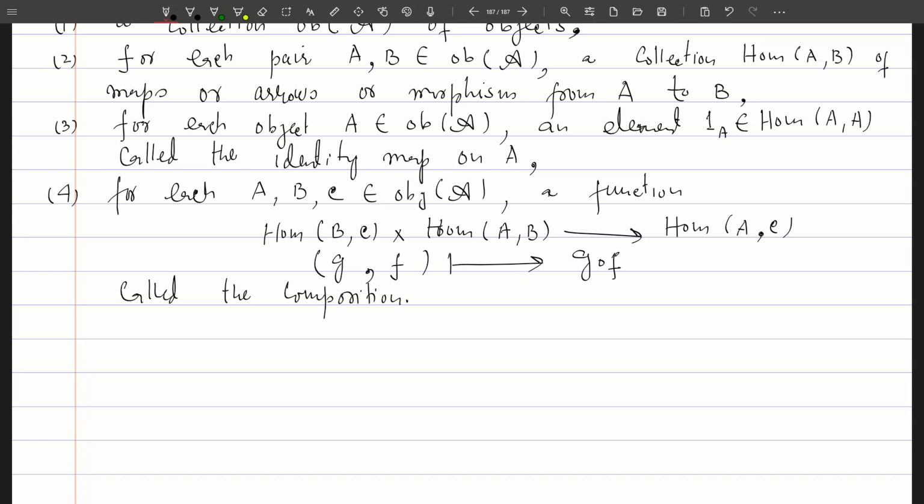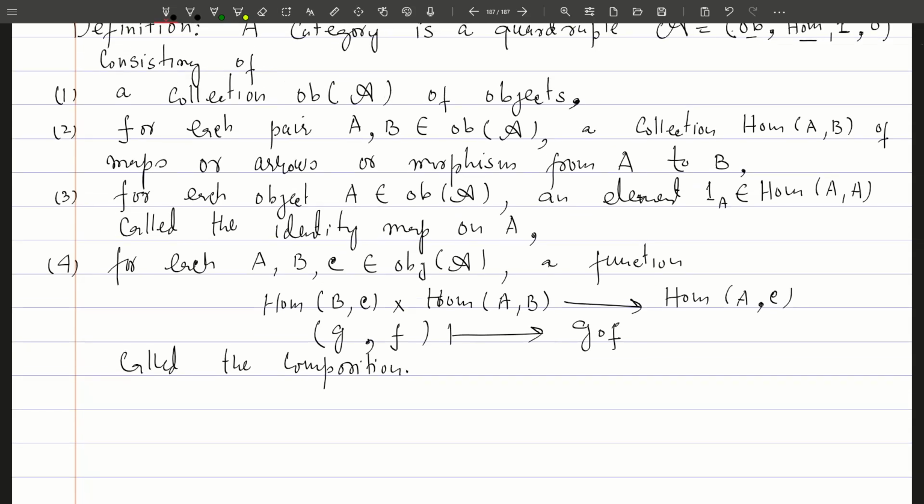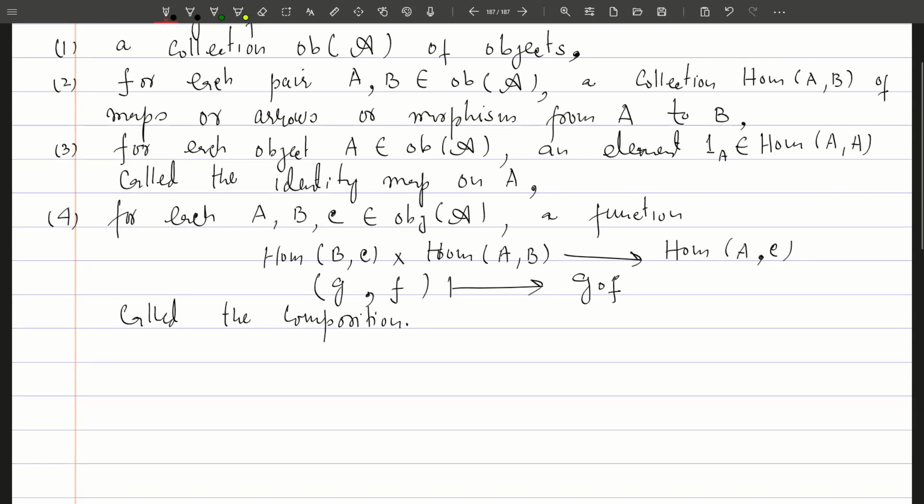Now these four items are subject to the following conditions.